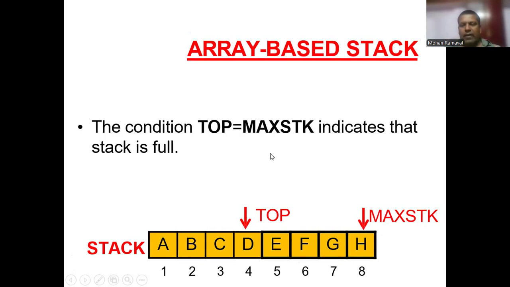So if you want to further perform the push operation, you are not able to do it. Why? Because the array size is only limited to 8. The size of the array is 8. So when you accommodate the 9th element, it is very difficult. Why? Because the condition is failing. So top equal to maximum size of the stack, max STK, that indicates that the stack is full, so that you can't further perform the push operation. Okay.